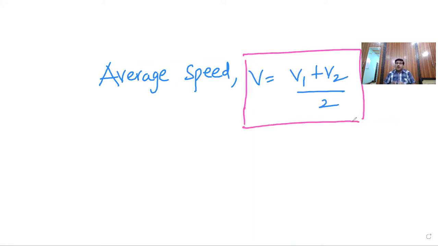Clear? Now observe carefully. In all these problems, we have taken variables v1, v2, t1, d1, d2 in solving the problem. When you are taking variables, you will get some complex situation.